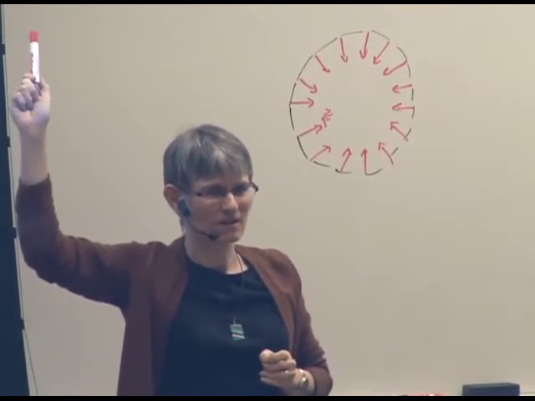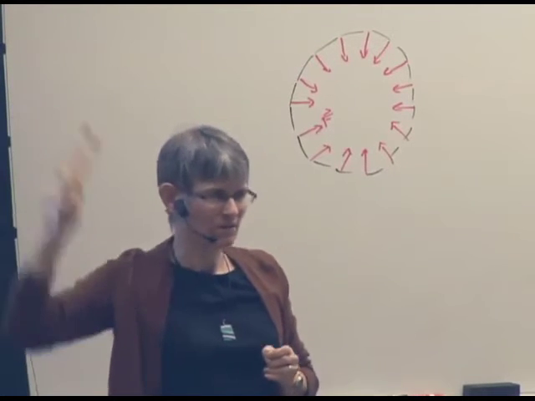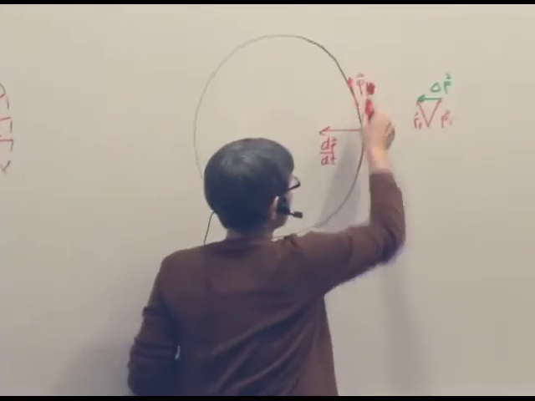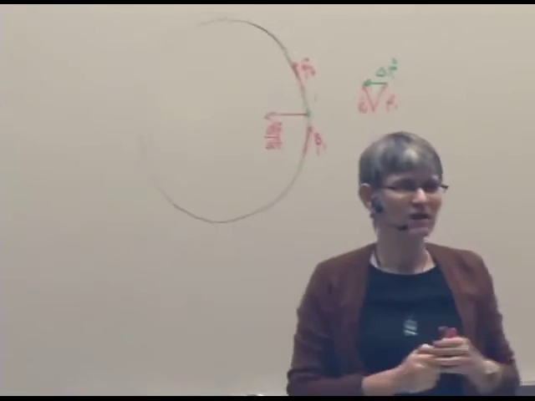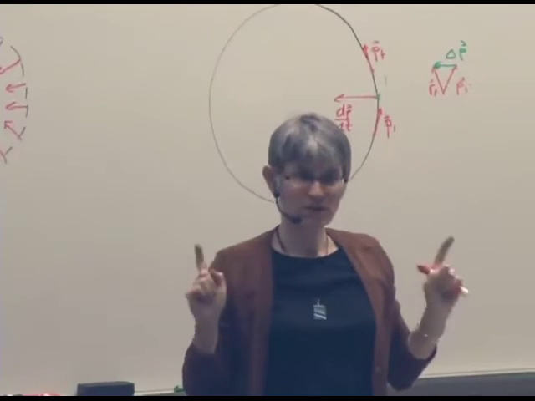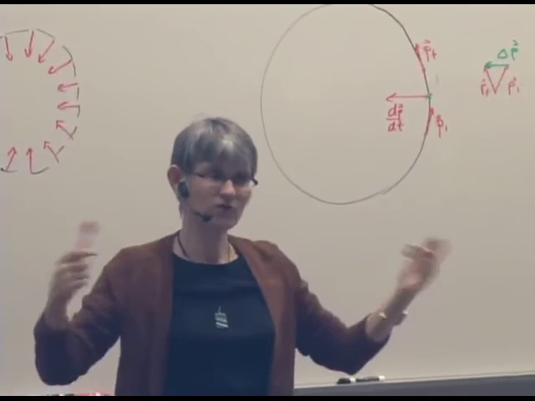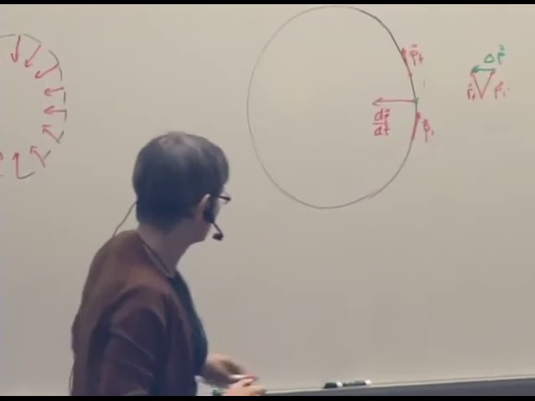That's not dp dt. What is it? It's the instantaneous momentum, isn't it? That's the momentum of the moon when it's at location A. But the momentum and the rate of change of the momentum are different things. The quantity and its first derivative are not the same.